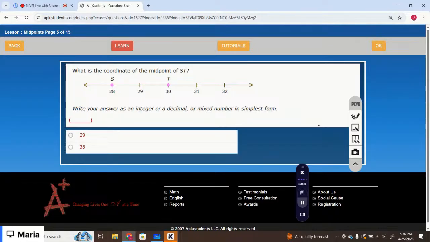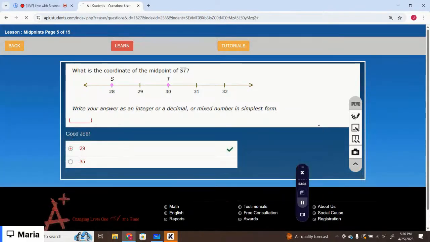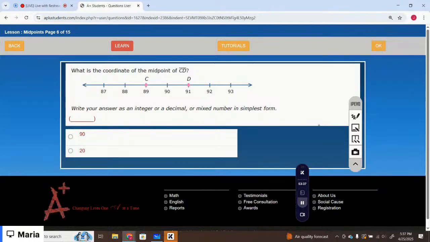What is the coordinate of midpoint of SD? That is 29. Option number 1 is the correct option. What is the coordinate of midpoint of CD?